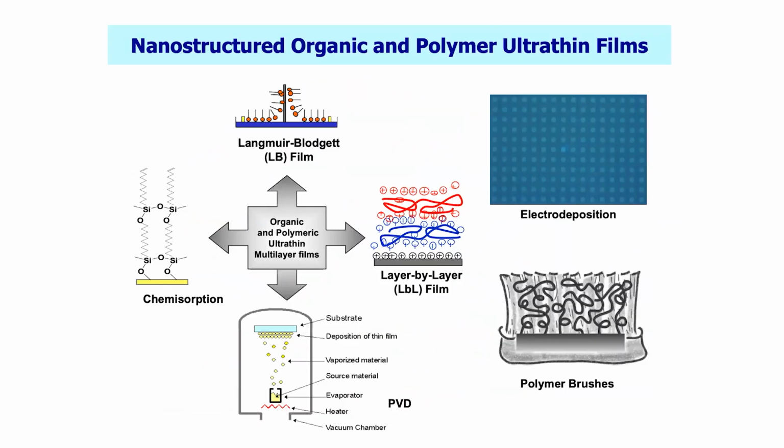The way we can order films and structures at interfaces can be based on multilayer deposition using electrostatic layer-by-layer deposition, Langmuir-Blodgett films, electrodeposition, polymer brush grafting by surface-initiated polymerization, chemisorption, and even chemical and physical vapor deposition.